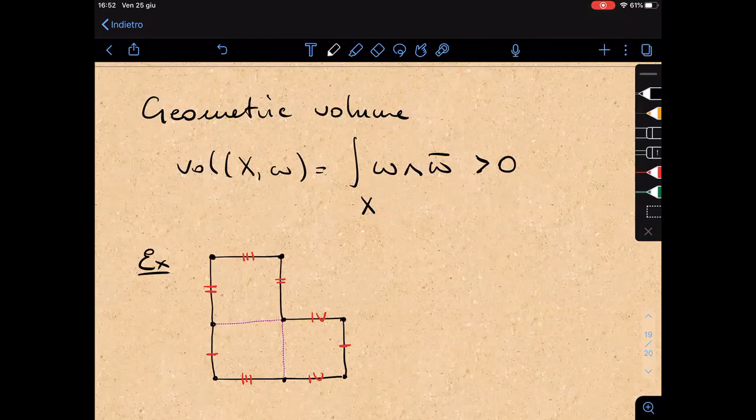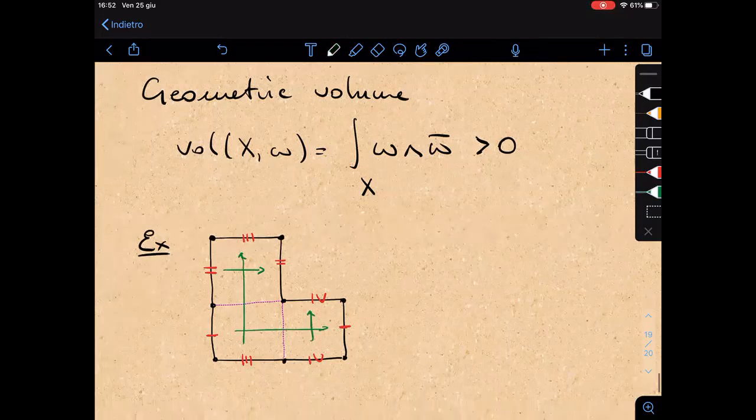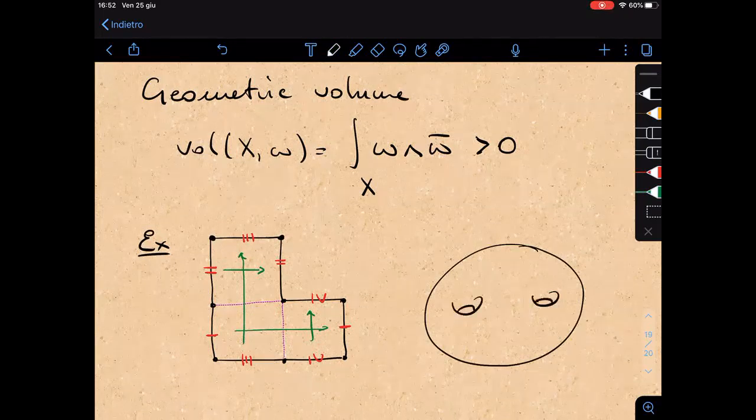And I can identify the opposite sides by using translations in this way. You can see. And so when you identify the sides, what happens? You get a surface of genus 2. You can convince yourself that you get a closed surface of genus 2.